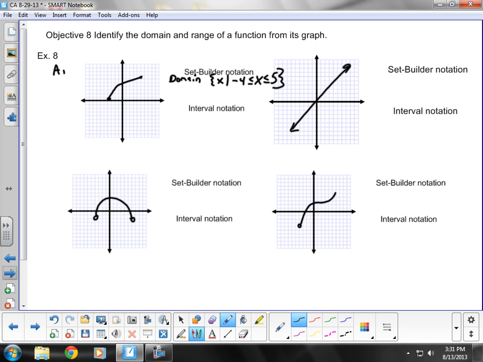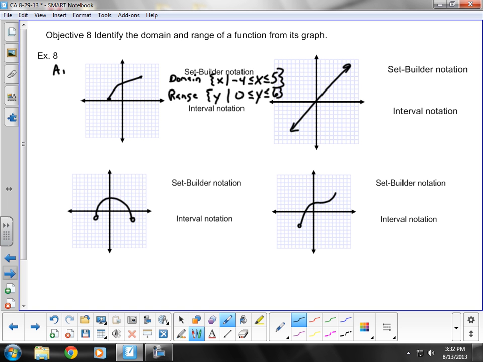We said the x's live from -4 to +5 in this domain. The range is the set of all y's such that they start at 0. Again, they're closed circles, so I use the equal to bar. And they go all the way up to 1, 2, 3, 4, 5, 6. Okay? So that's how you do it with set builder notation.